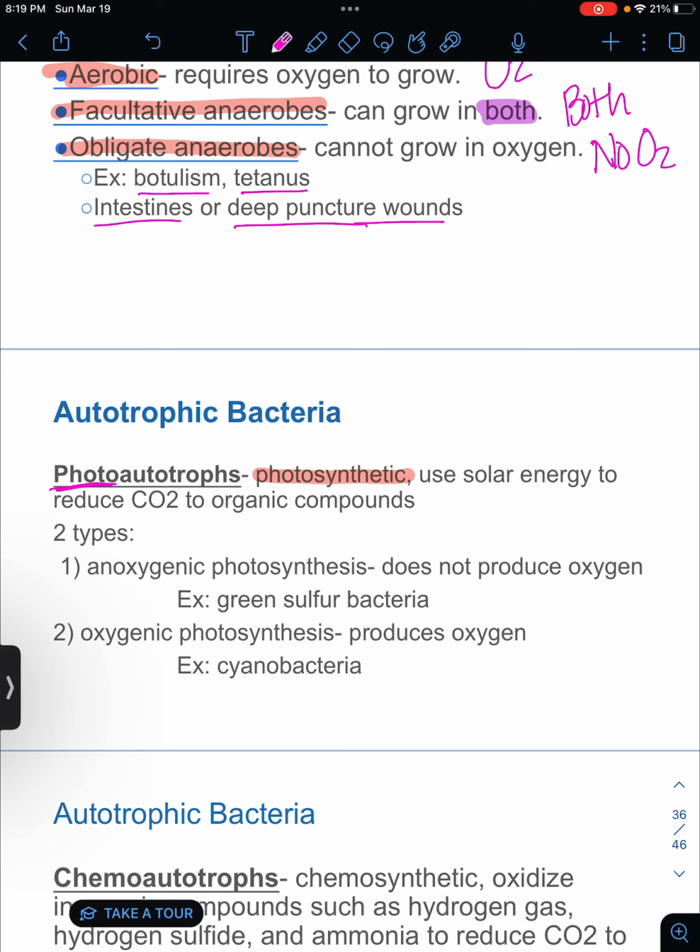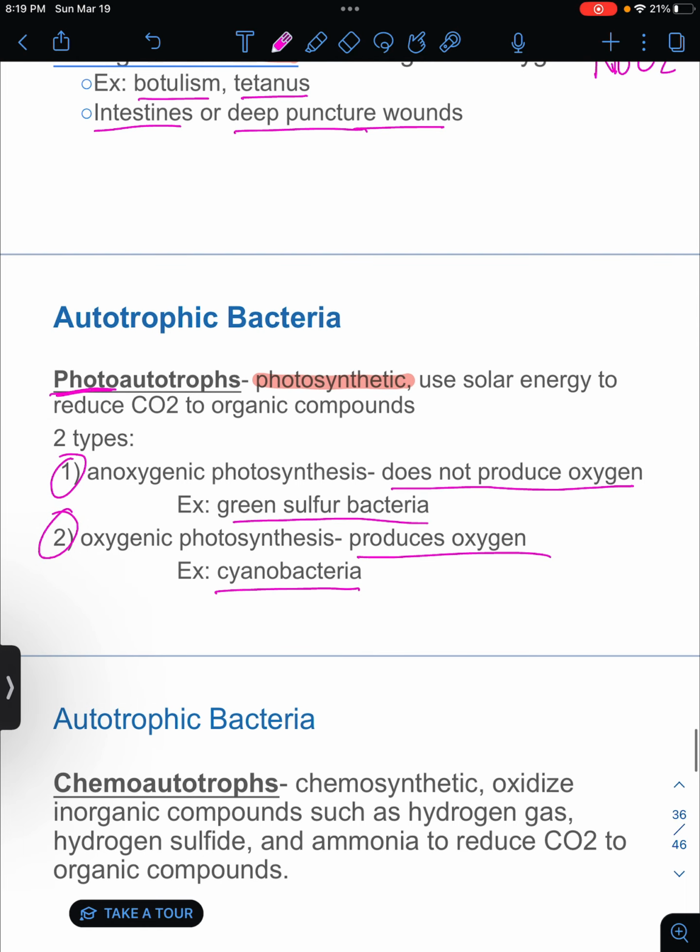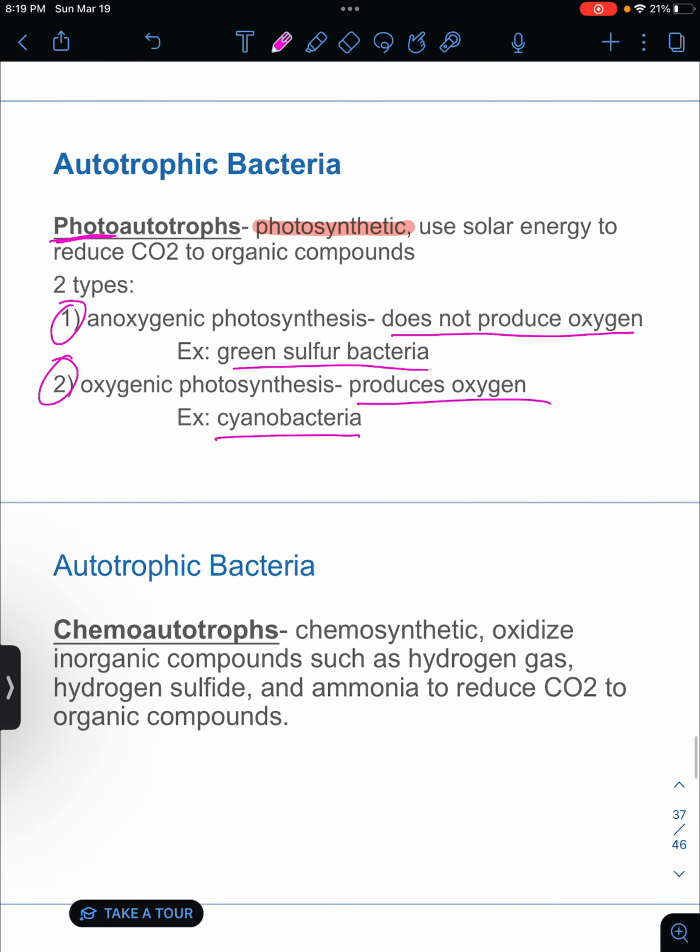There are two types. The first one does not produce oxygen, like green sulfur bacteria. The oxygenic one produces oxygen, like cyanobacteria, and we're going to look at cyanobacteria in a minute. Anoxygenic and oxygenic, two types of photoautotrophs.